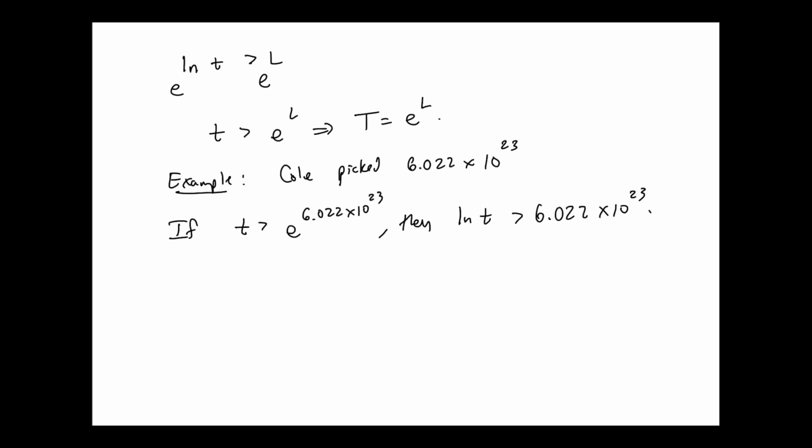Now, just for the sake of clarity, what is e to the 6.022 times 10 to the 23rd? Oh, it's going to be a gigantic number. All right, let's see.